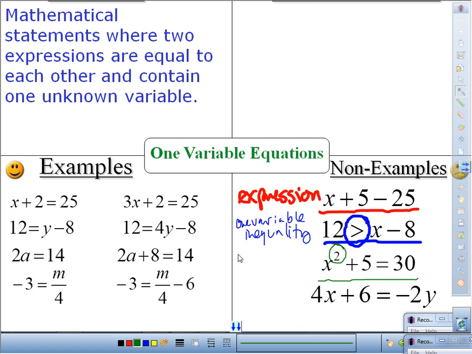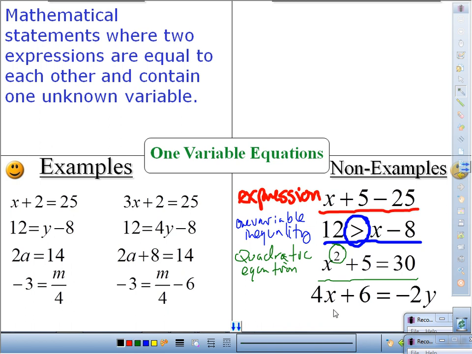Very close. I'll keep the first one, which is a quadratic. Close. Now, equation, because it has an equal sign. Did you see that? All right.